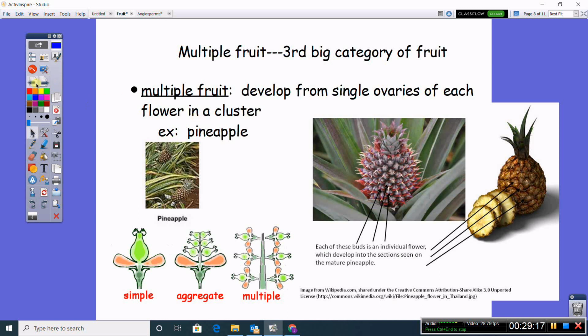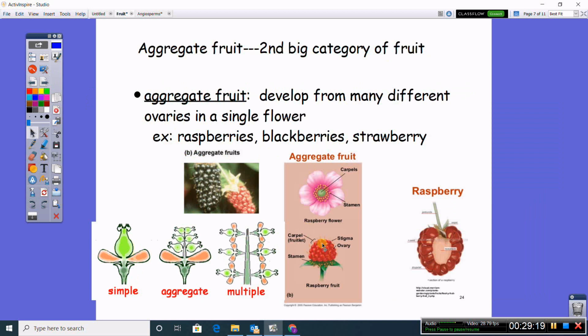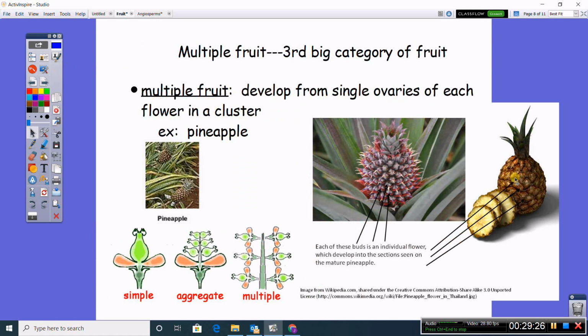So when we go back to aggregate fruits, these were each from an ovary on the same flower. Here we're saying with a pineapple, these are each from an ovary of a separate flower. So that's from a flower, that's from a flower, that's from a flower. Ovaries of separate flowers in a cluster, and that's what gives you your pineapple.